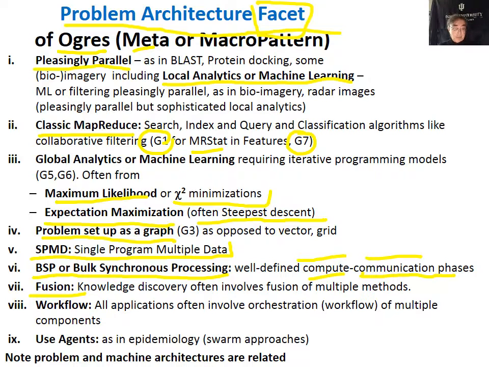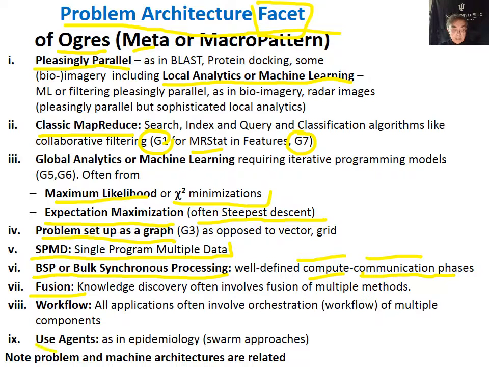Fusion. I had fusion earlier when I was doing the intelligence applications. The last step is usually fusing data from lots of different sources together. That's a little different from data flow. Data flow is often internal to a particular area, and you flow data between the different components.